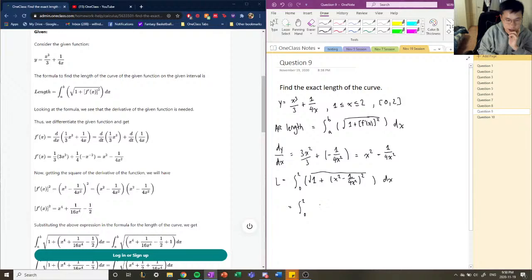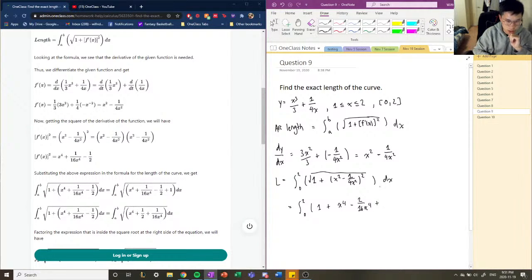This is just a lot of calculating at this point. So this is 1 plus x to the power of 4 minus 2 over 16x to the power of 4, plus, no, sorry, this should be 2 over 16x to the power of 4. This should be 1, I think.